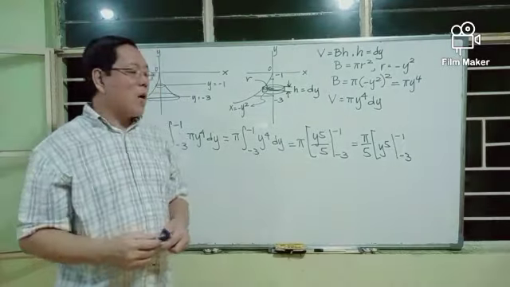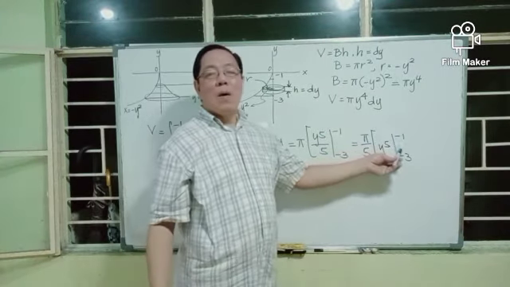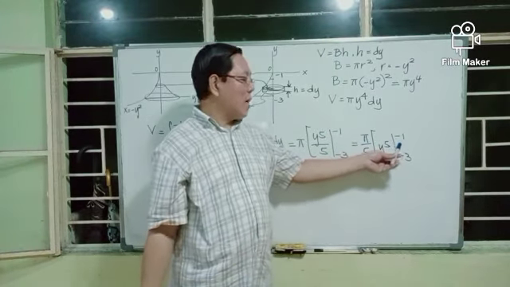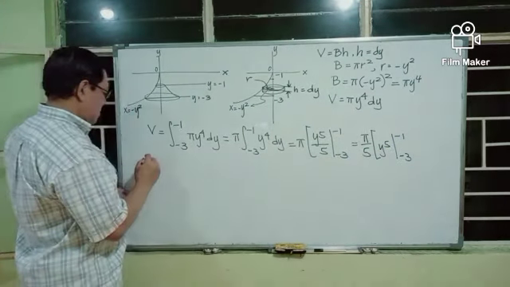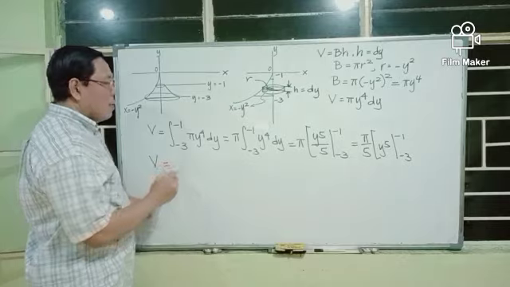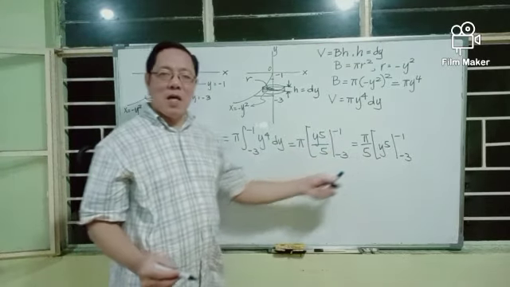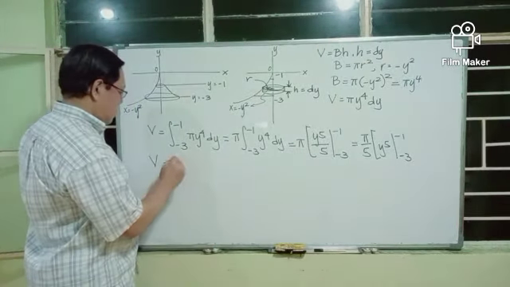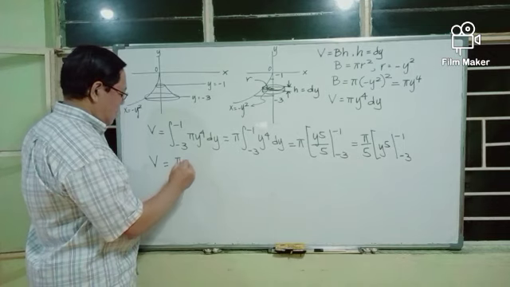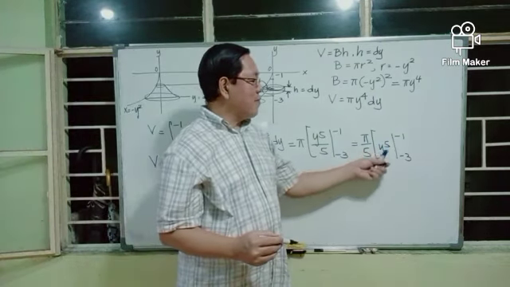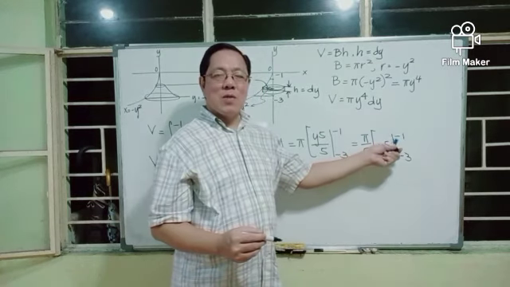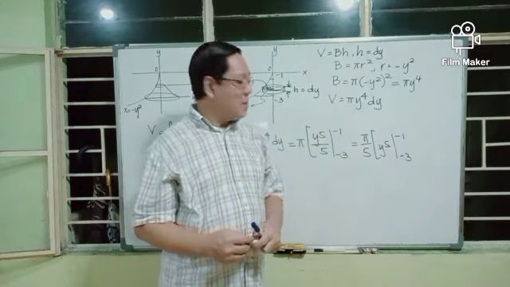And to evaluate y raised to 5, we start with the upper limit y equals negative 1. We have pi over 5 multiplied by y raised to 5. When y is negative 1, you get negative 1 raised to 5.